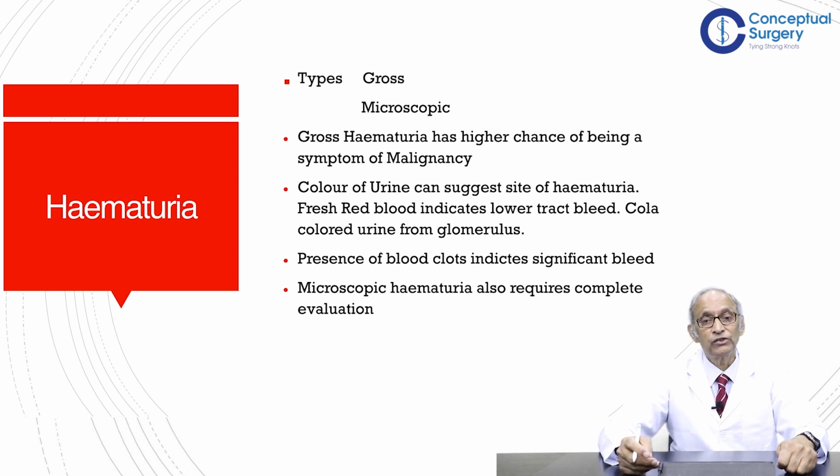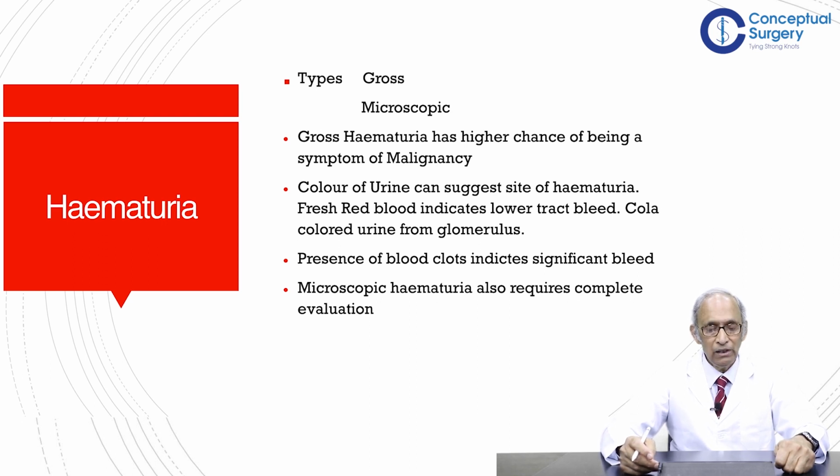And sometimes clots are present in the urine. The type of clots, the appearance of the clots, and the amount of clots are very suggestive. For example, if you find vermiform clots, it will suggest that it is coming through the ureter and probably therefore from the upper tract. On the other hand, if you find discoid clots, then it is quite likely that it has had time to settle down somewhere and come out, and that is obviously a place like the bladder. So the shape and size of clots is also an indicator of something in hematuria.